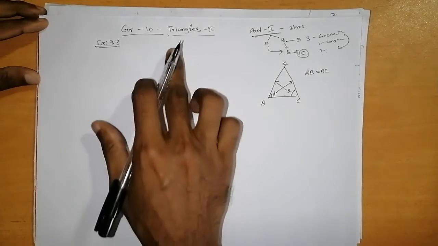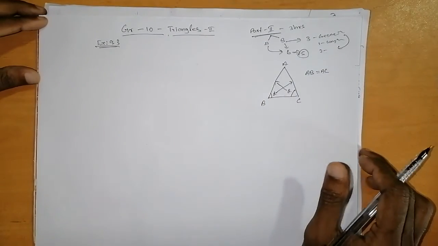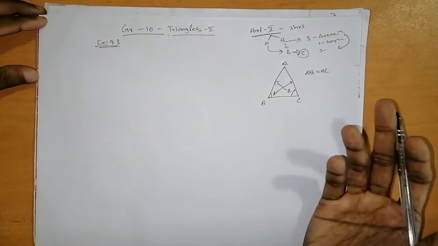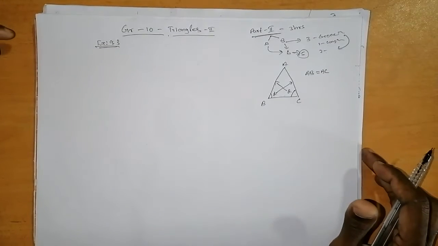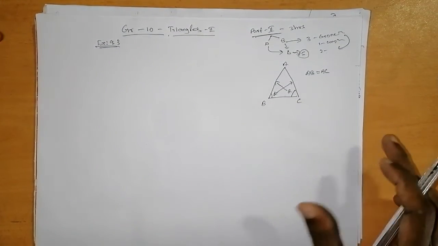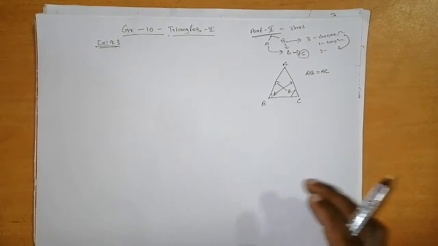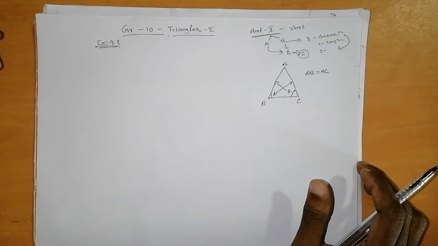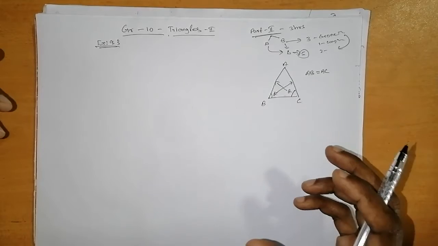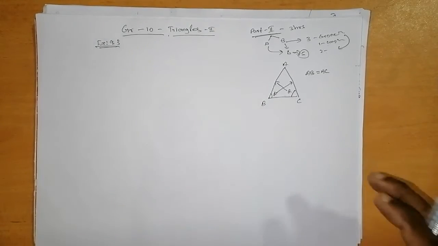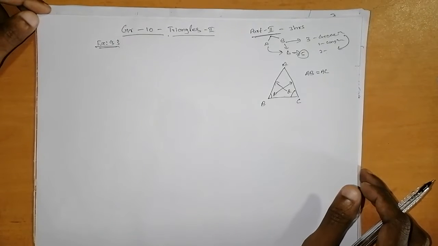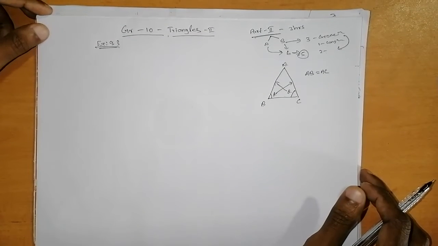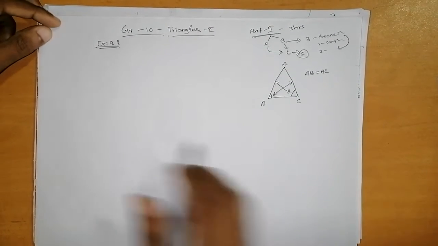The first theory on triangles 2: angles opposite to equal sides are equal. The second one: sides opposite to equal angles are equal. We should memorize the theory, so the video is going to help you remember and memorize the theory.